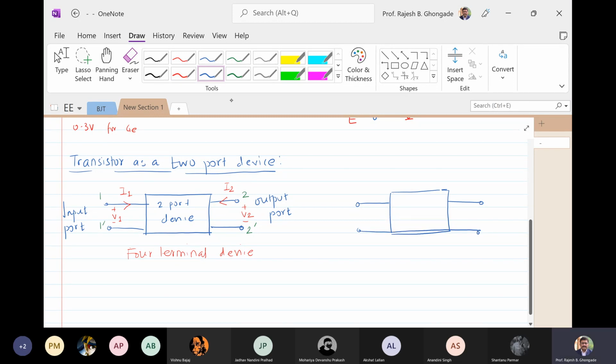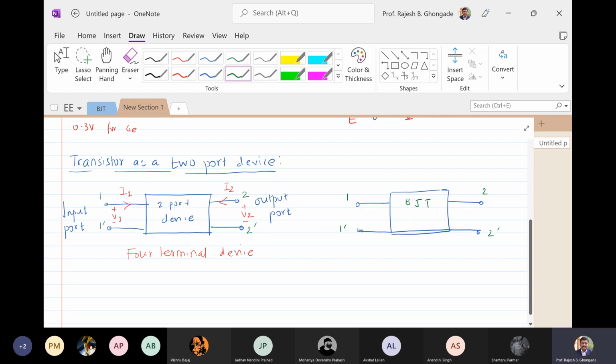Again, in a similar way, we have 1 dash, 2 dash. So this is your bipolar junction transistor. When analyzing such a circuit, one of the terminals will always be common.